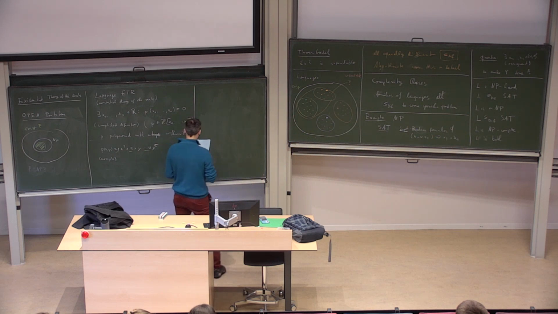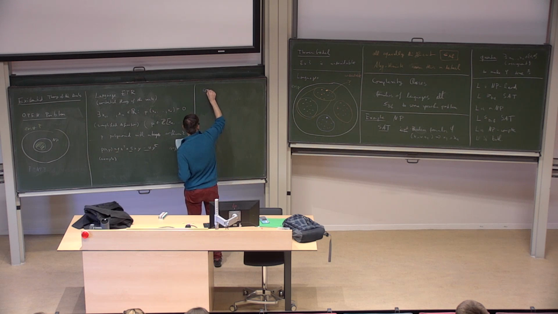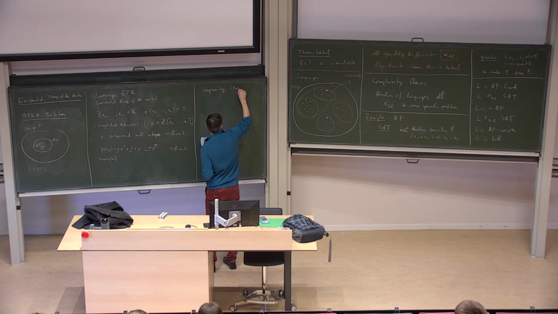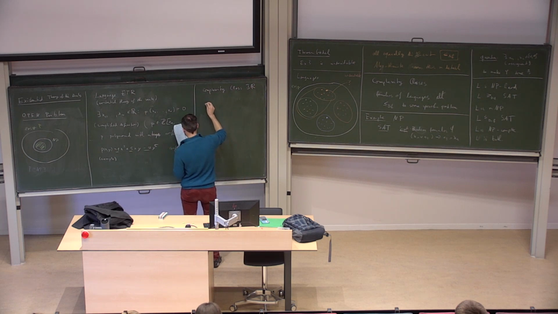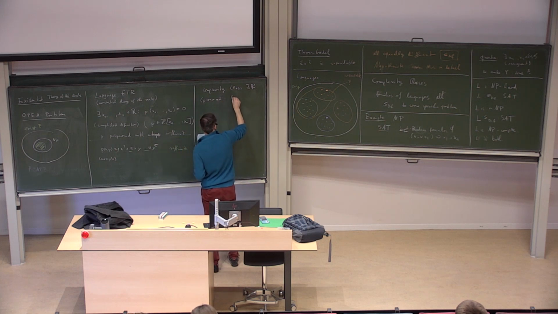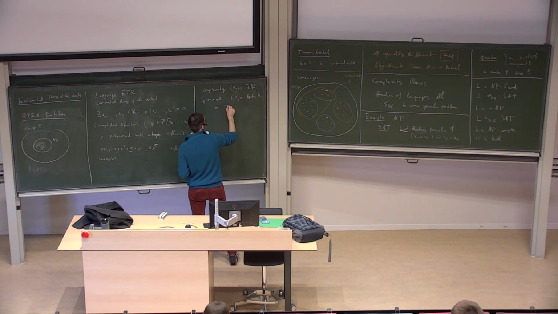Okay, and then we get a complexity class, which is called ER, which is pronounced in different ways: ER, or exists R, or ETR.